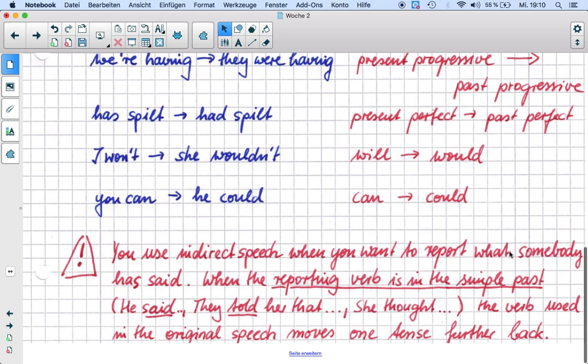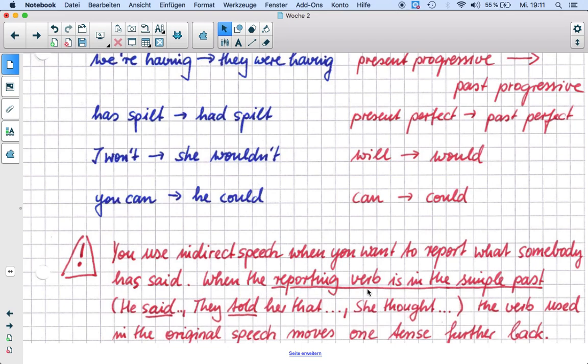So, and in the end, I want you to write down these two sentences, which you always have to remember and which you just have to learn by heart. Okay, so it says you use indirect speech when you want to report what somebody has said.